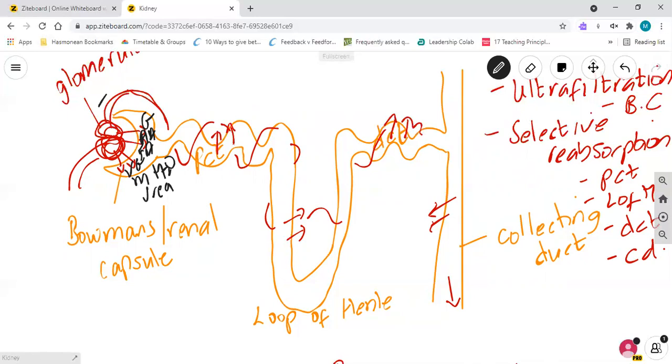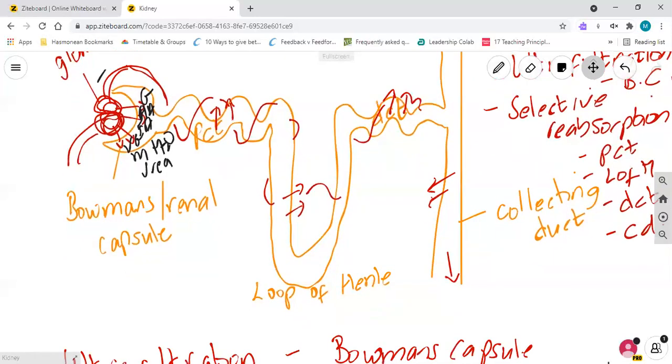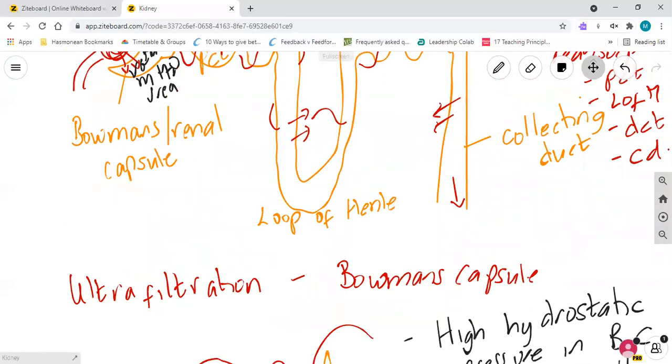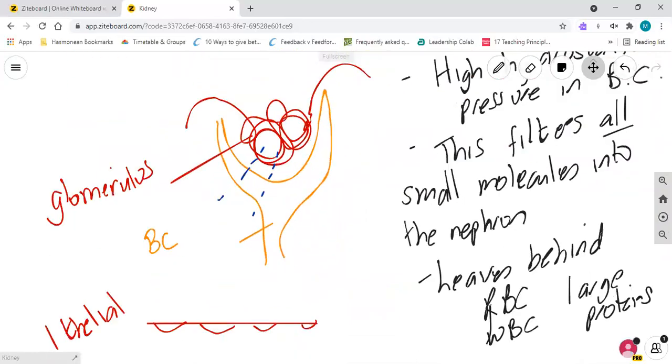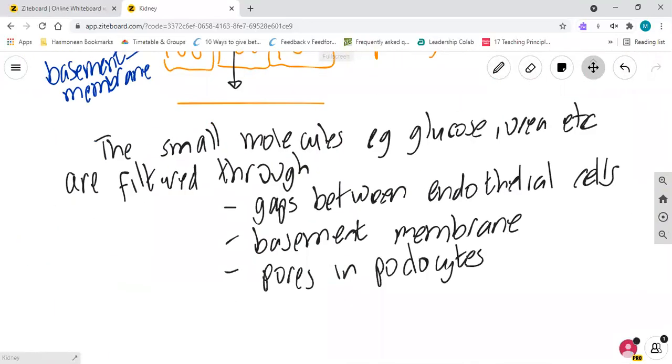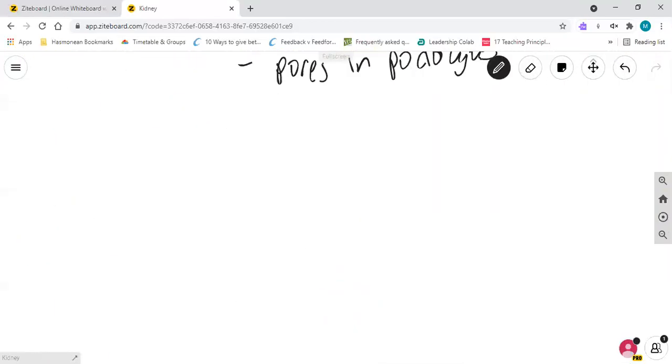We're going to need to take back all of the glucose, all the amino acids, all of the fatty acids and glycerol, some of the water and some of the ions, and leave behind just urea, some water and some ions. And that's what the process of selective reabsorption is. So let's look at just a couple of aspects of it. So the first one is in the PCT.